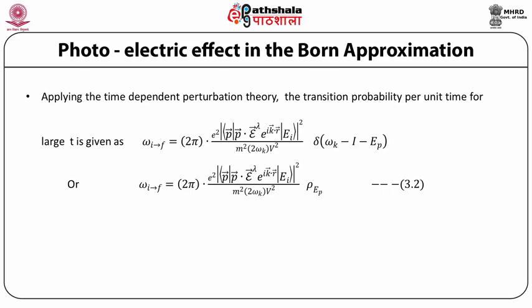Or the same expression is then equal to 2 pi into the same matrix element squared on top, divided by m squared 2 omega v squared, into rho E_p, the density of states for E_p.